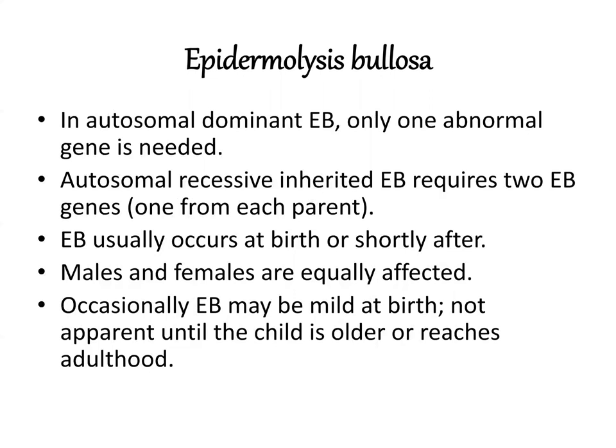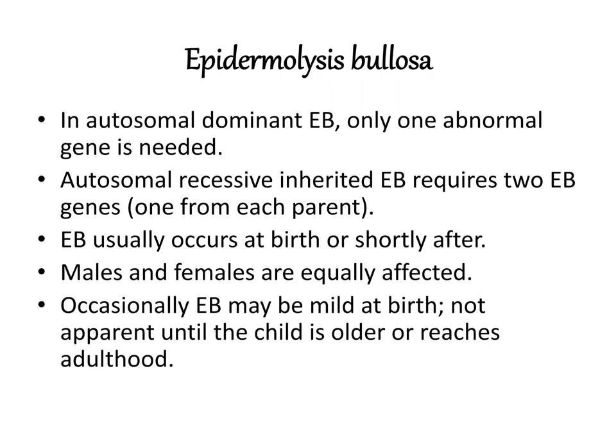Autosomal dominant is an inherited form. In each category you may get autosomal dominant and autosomal recessive groups. In autosomal dominant variants, only one abnormal gene is needed. The advantage is, there will be a clinical phenotypic appearance, but still there is a normal gene in that patient, so the disease severity may be less.